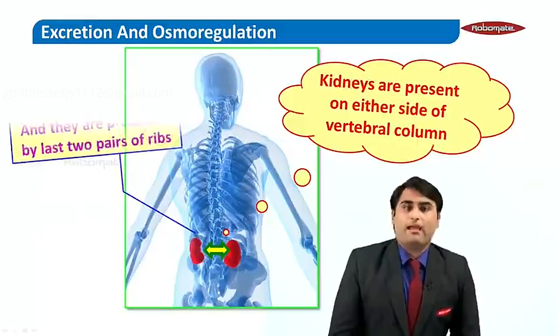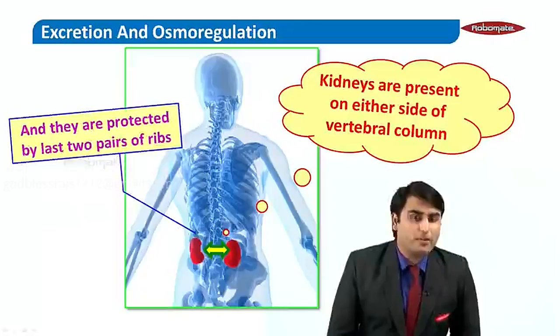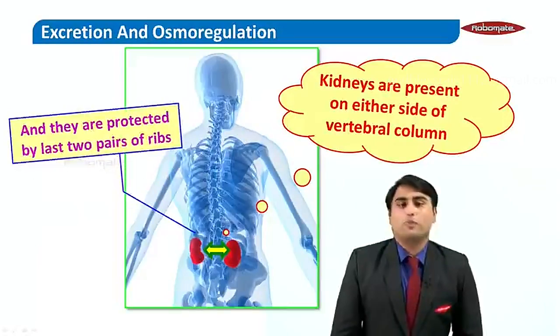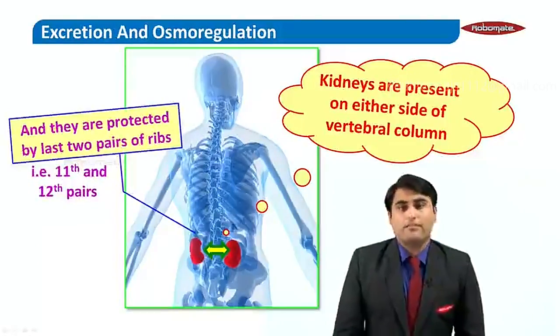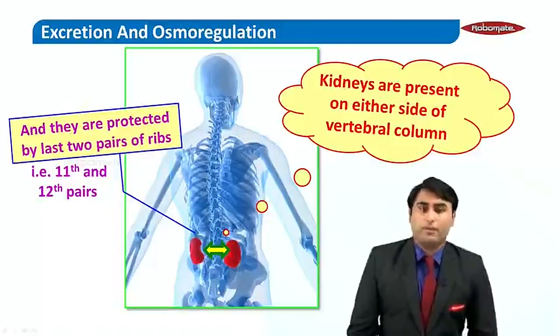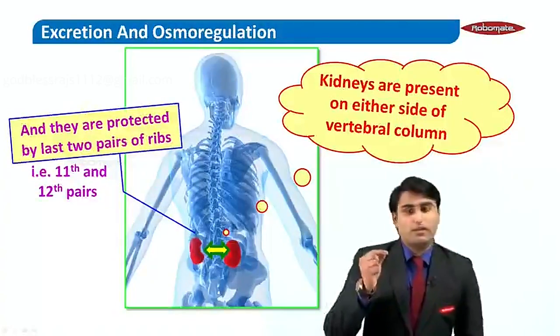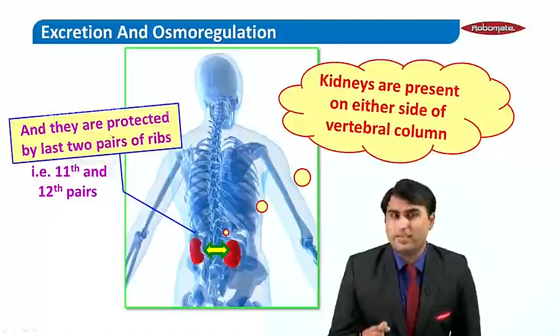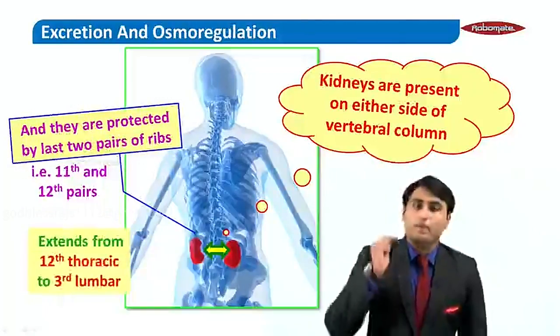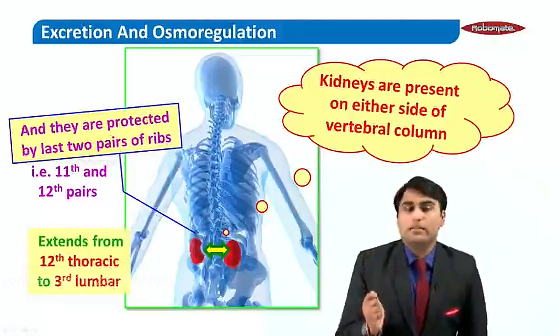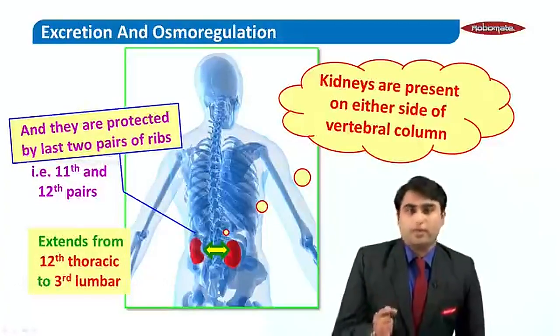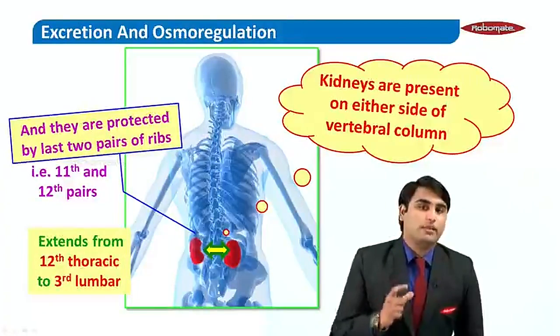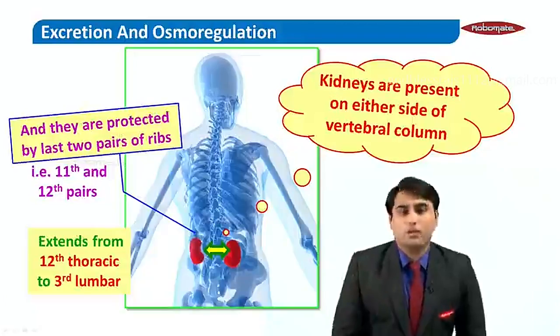And how are they protected? They are protected by your last two pairs of ribs, that is the 11th and the 12th rib. From which vertebra till which vertebra does the kidney extend? It extends from the 12th thoracic vertebra till the 3rd lumbar vertebra. That is the extension of the kidney compared to the vertebral column.